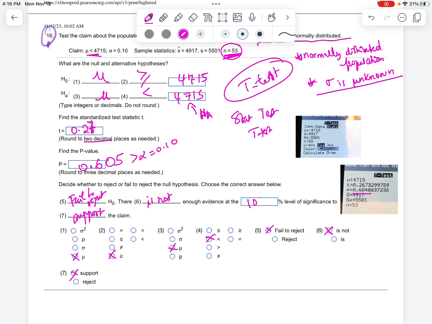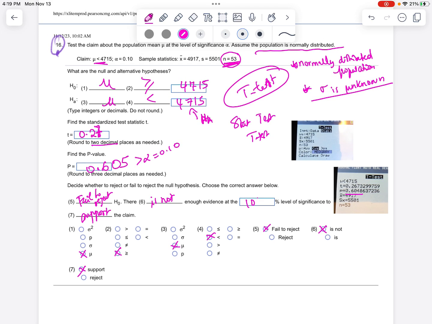We can't support the claim because we're failing to reject the null. Remember where your claim was in the alternative. So if we fail to reject the null, we cannot support the claim.